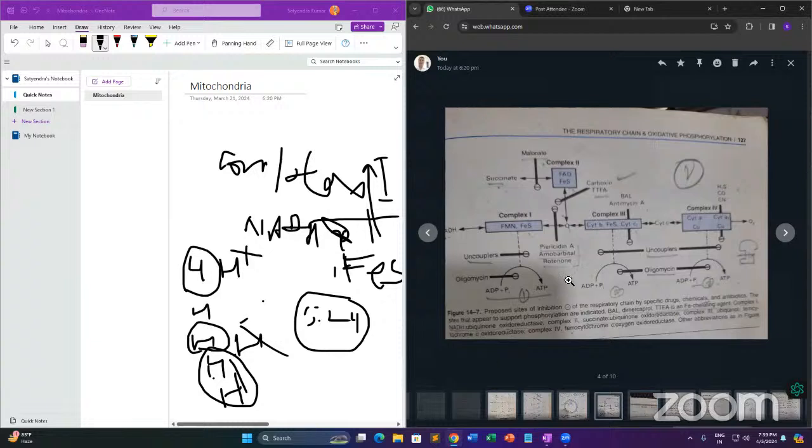These are inhibitors that inhibit the movement of the electrons from the iron-sulfur protein to the ubiquinone. So electron movement is blocked. That's why it inhibits both the further movement of the electron and the further movement of the proton, so it inhibits the entire formation of ATP.